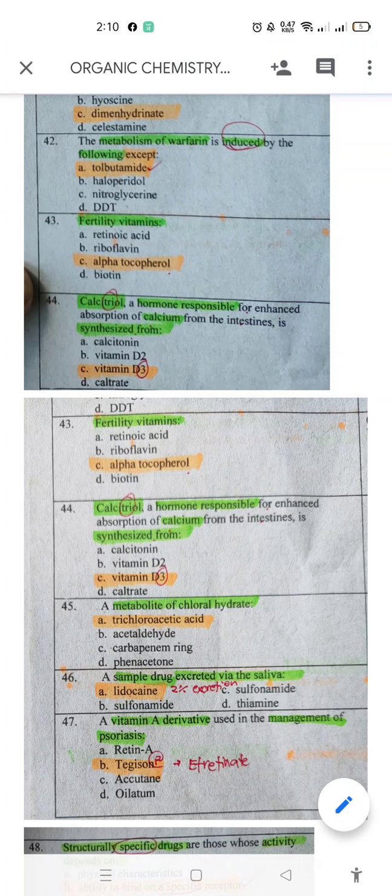A metabolite of chloral hydrate is trichloroacetic acid. Trichloroacetic acid is a metabolite of your chloral hydrate. Chloral hydrate here is used as a hypnotic.